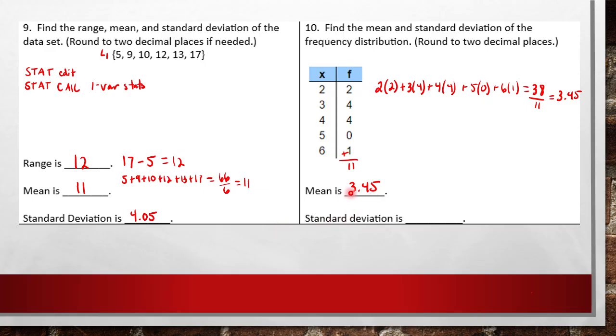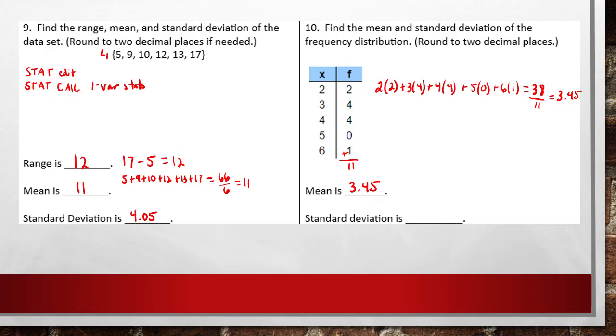Again, this number has to be between the 2 and the 6. So look at your x values, make sure your mean is between there. It makes sense that we're somewhere between here because that's about the halfway point of our values. Again, to find our standard deviation, you can use what we used before: Stat, Edit, then go to your Stat Calc.